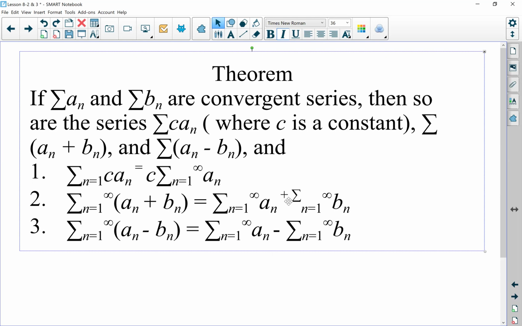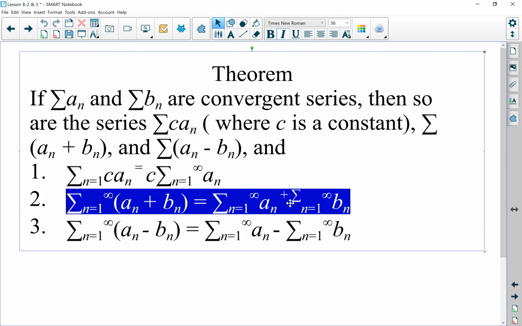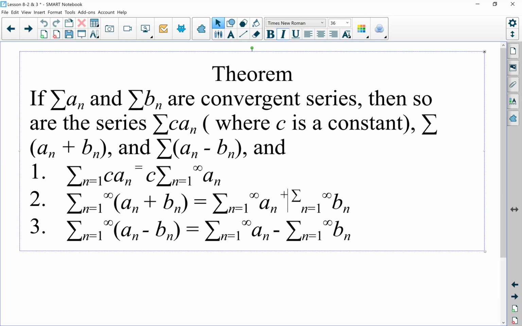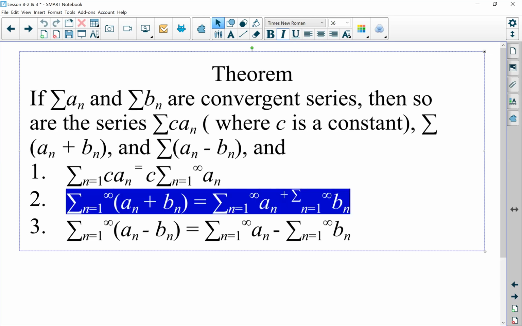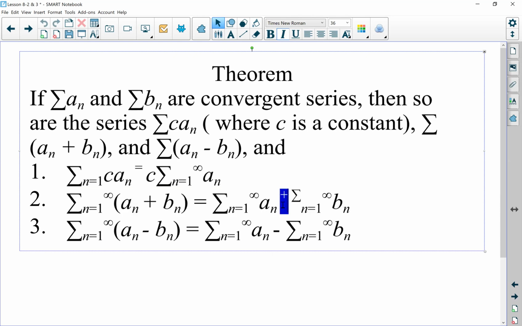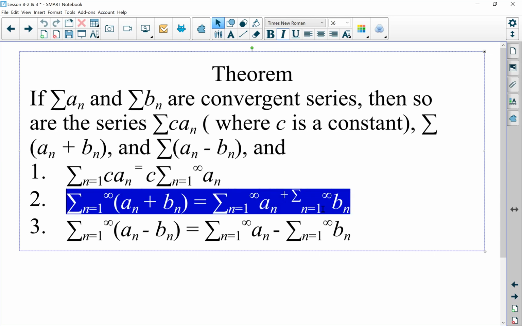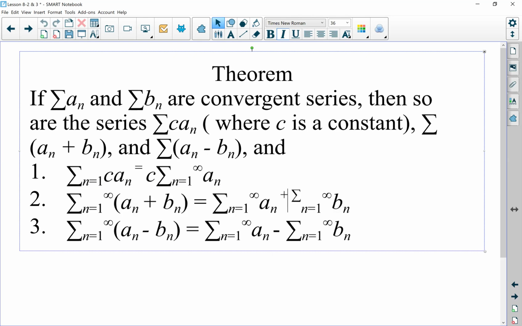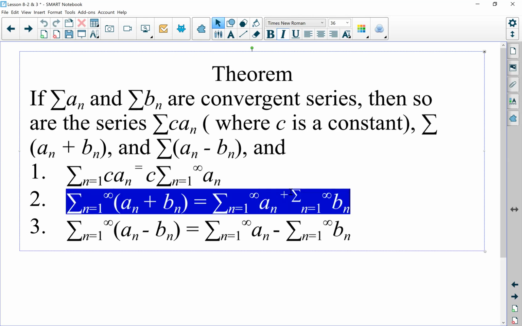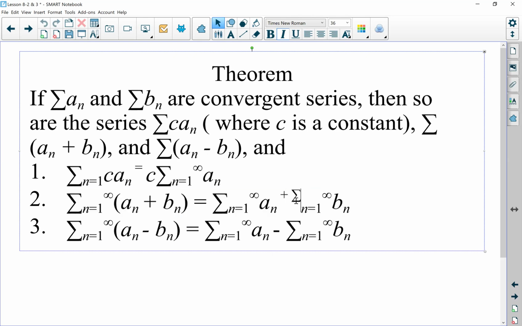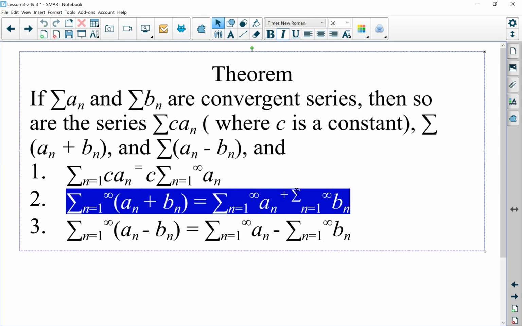Come on. Are you trying to change the sum? I'm trying to get it so that it's not superscripted.